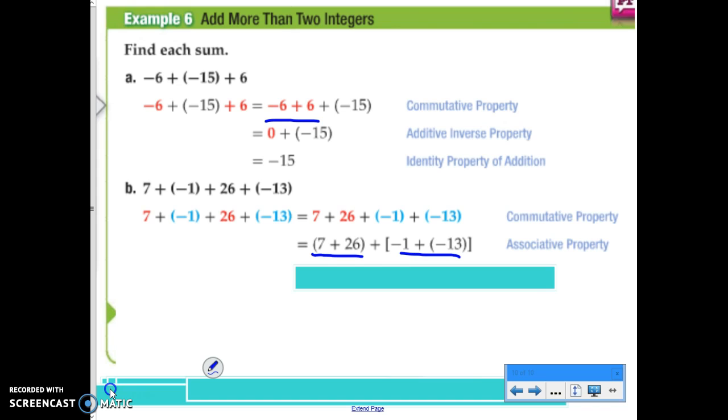So I know 7 plus 26 is going to give me 33. And I have to add that to, well, a negative, because if I'm taking a negative and I'm adding another negative to it, I know that the result is going to be a negative. So 1 plus 13 gives us 14. So realistically, I'm taking negative 1 and adding that negative 13, excuse me, to get negative 14.